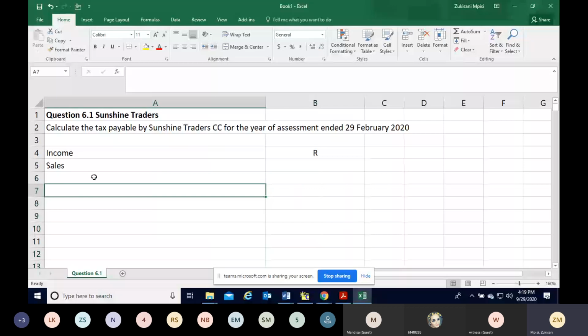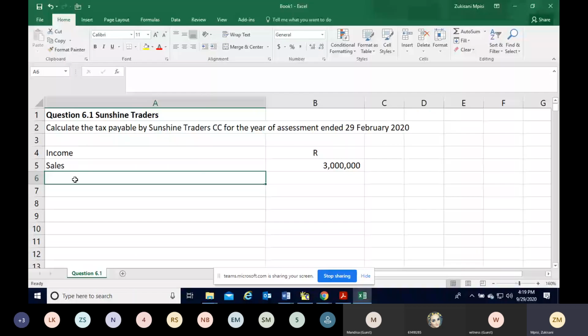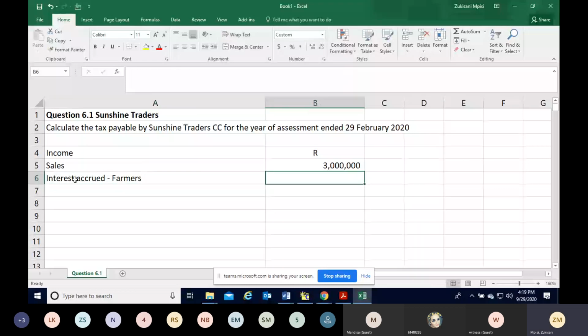So we've got sales, we've got 3 million. Then we are told that there's an interest accrued in respect of credit sales to farmers. So it's an obvious thing. It's interest accrued from farmers. And how much is it? It's 800,000.